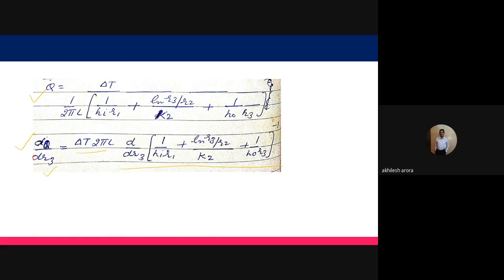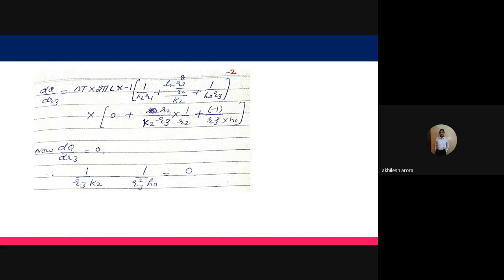You can try this differentiation yourself. I have done it here. After doing this differentiation, we can put it equal to 0, so that we can find the value of R3 corresponding to which we get the maximum value of the heat loss.